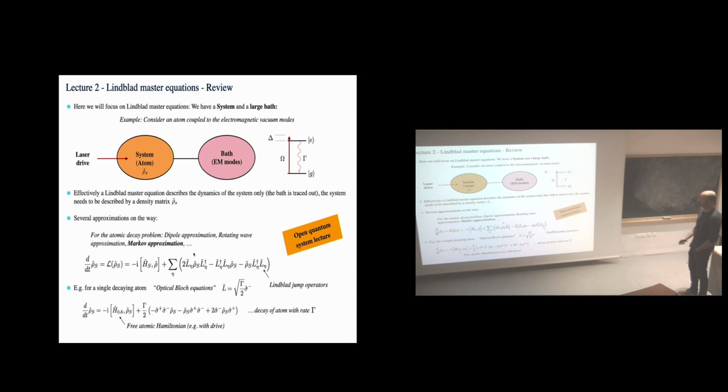So in general, I look at the evolution of my system density matrix. It's given by this super operator. The super operator takes my density matrix, and it represents the right-hand side of this master equation, and it has these two terms. The first term is just the von Neumann equation that gives you the coherent Hamiltonian evolution part. And then the second term has this Lindblad decay channel form.